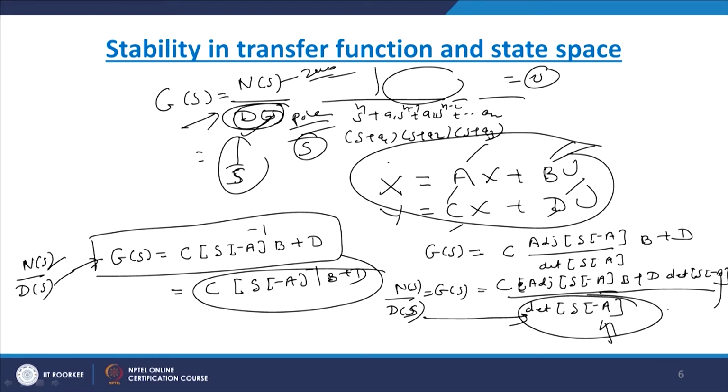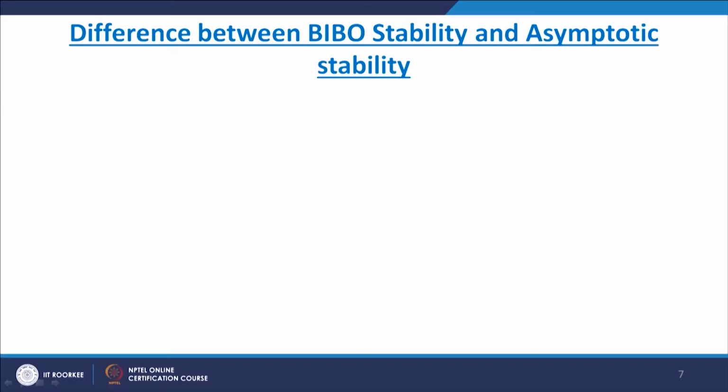If you solve the determinant of (sI minus A), we call the results eigenvalues, and when you solve the characteristic equation of D(s) we get the poles. So poles are in terms of the transfer function, and in state space we call them eigenvalues.